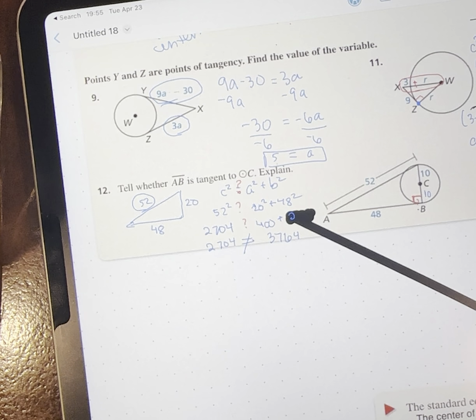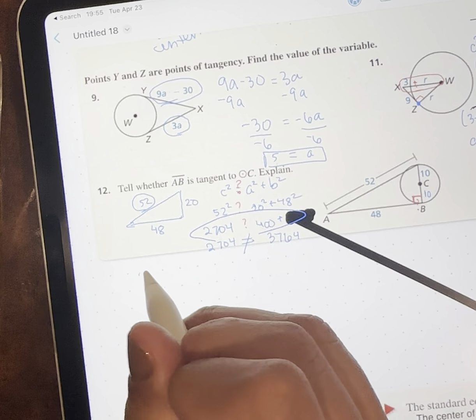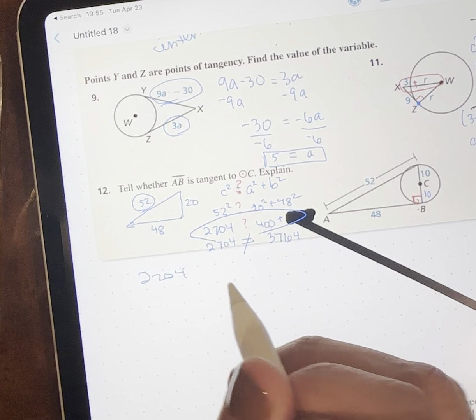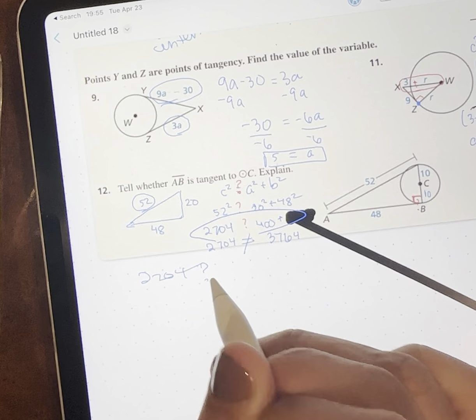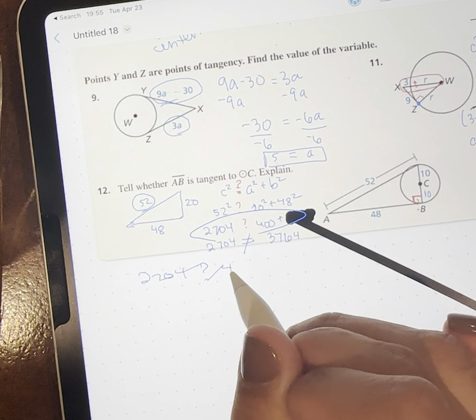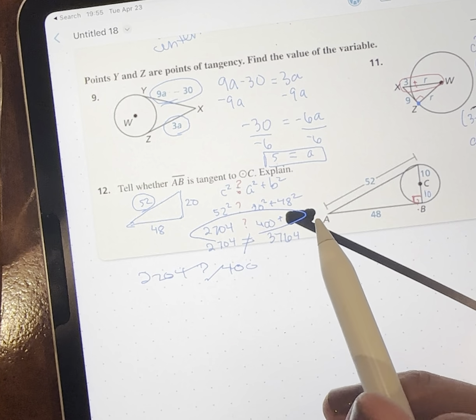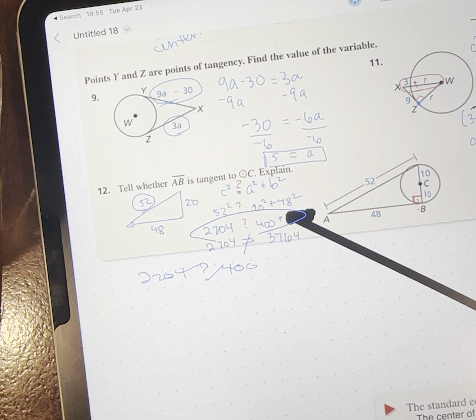Oh, this is gonna happen again, no. Okay. So I'm gonna recopy this step. So this was 2704. And we're not sure what's happening. Oh my God, this is gonna kill me now. And then this is 400. Oh no. Plus 48 squared is 2304.